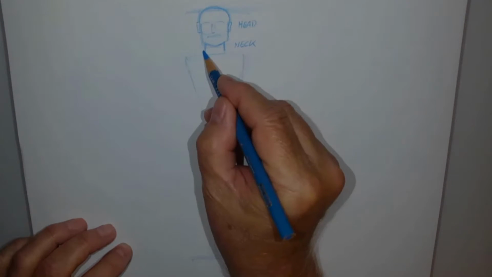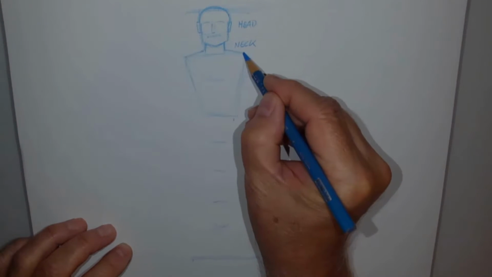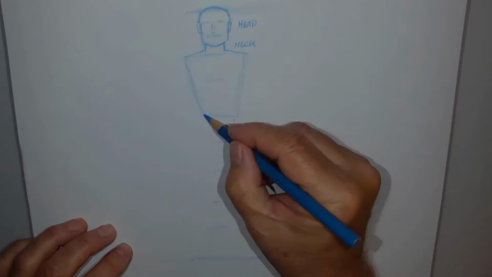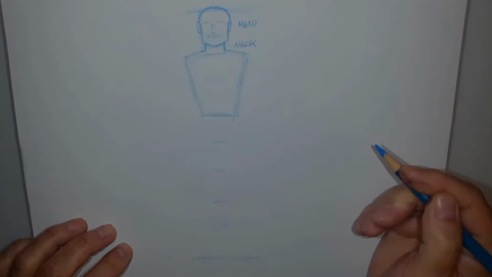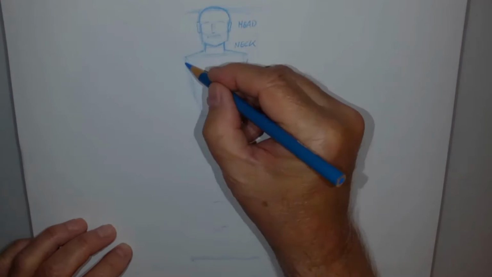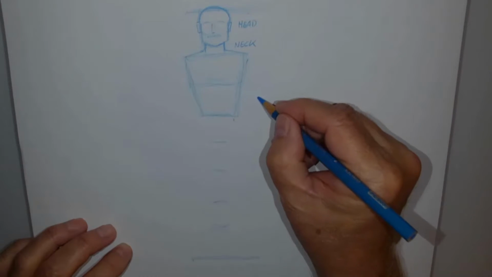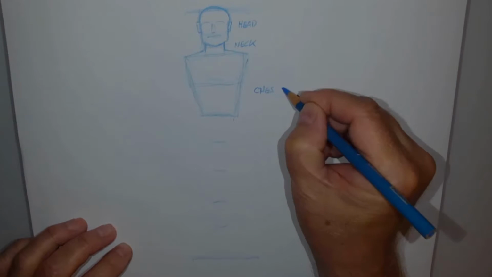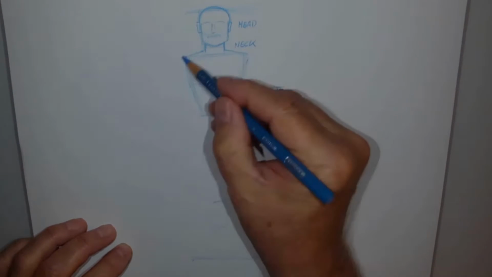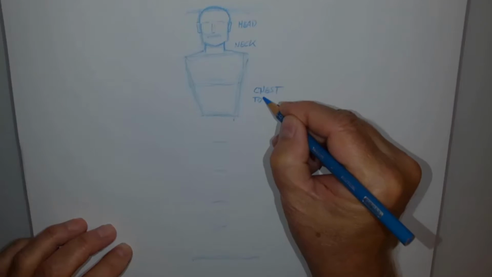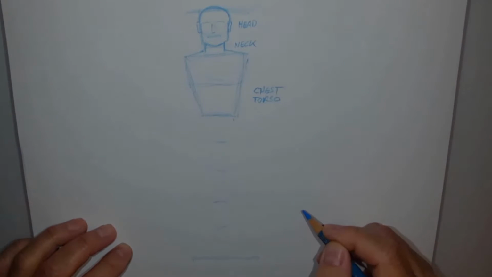So here, I'm going to extend some lines down, and with this block, what that's going to represent is the upper part of this block is the chest, and this whole block is the torso of the character.